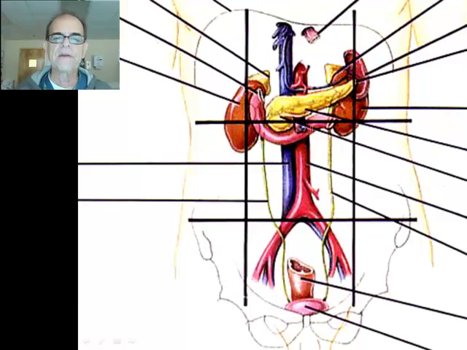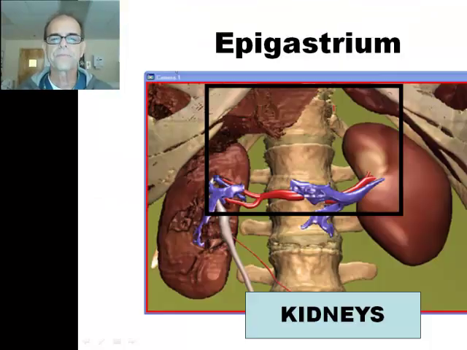The pancreas here is indifferent, but the majority is here in the epigastrium, but it's a hard organ to scan. The kidney has areas in the epigastrium, but the kidneys in general are not scanned through the epigastrium. They are scanned from lateral positions and also coronal planes.